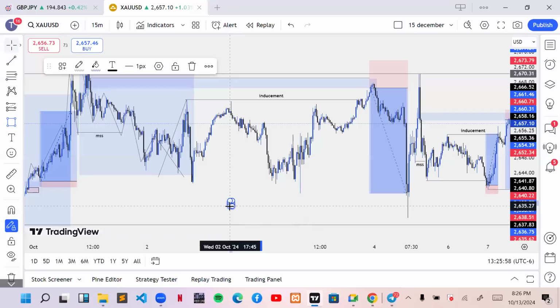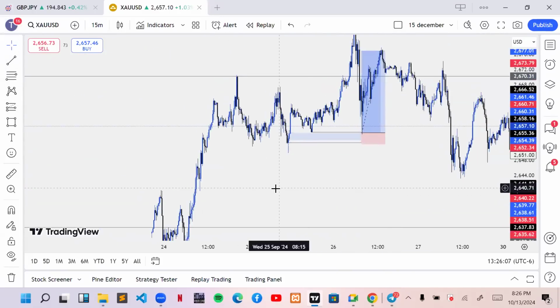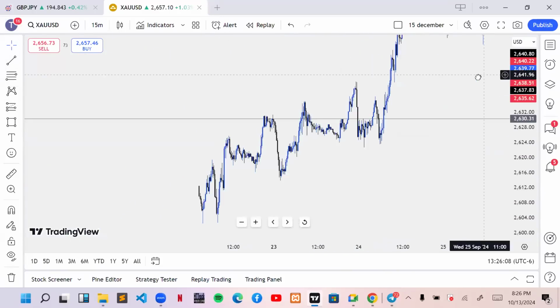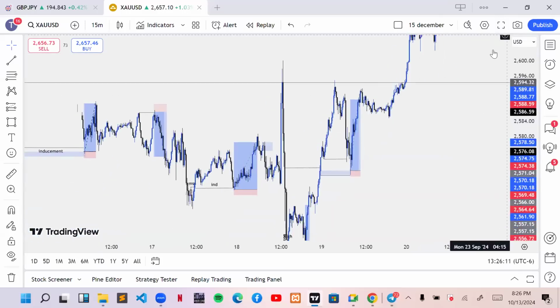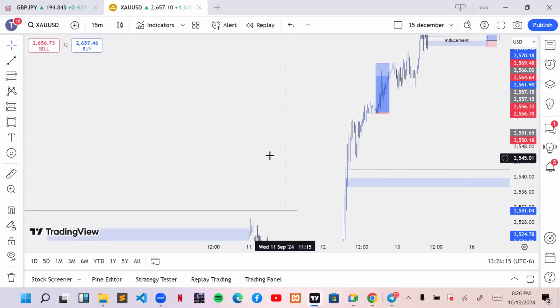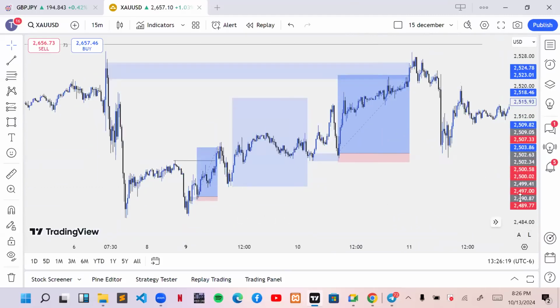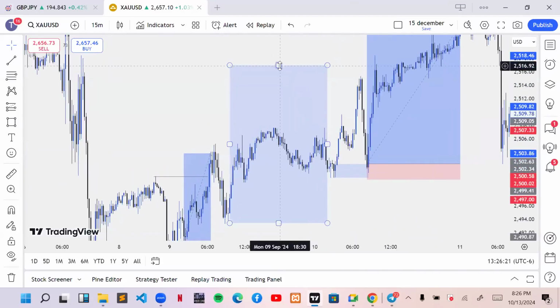Then for consolidation, do I really have a consolidation? Let me check and see if the market has been in a consolidation. That's the market being in a range, not really moving in any direction, just going from one point to another. Well, it's not really clear, but this is a consolidation right here.